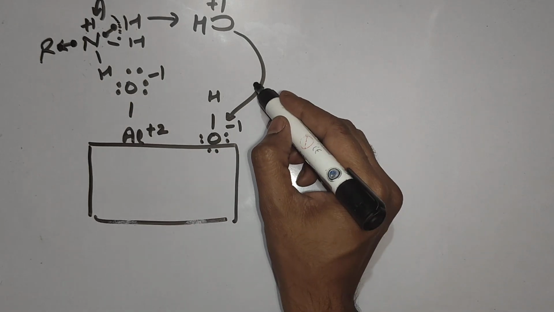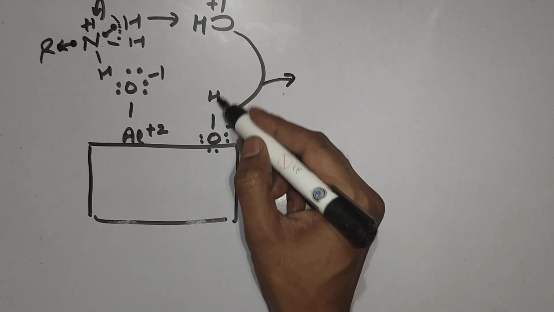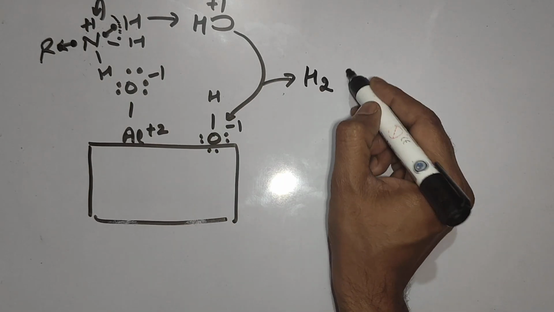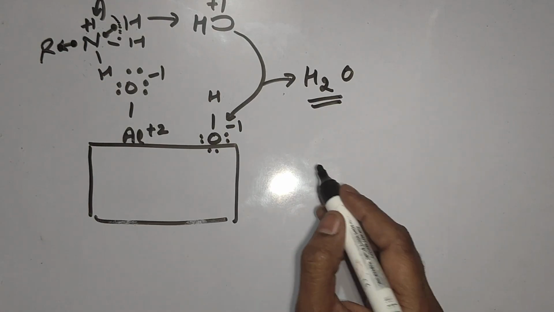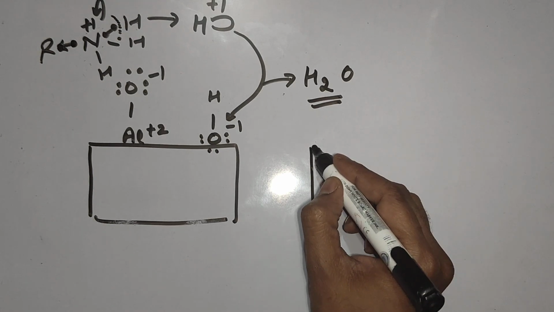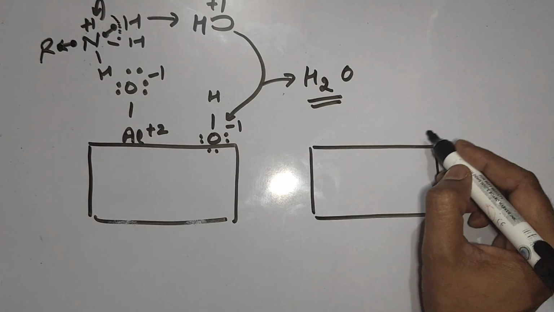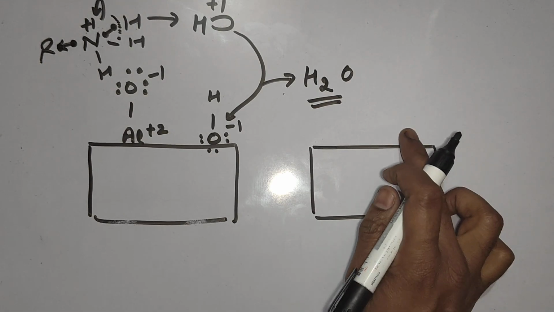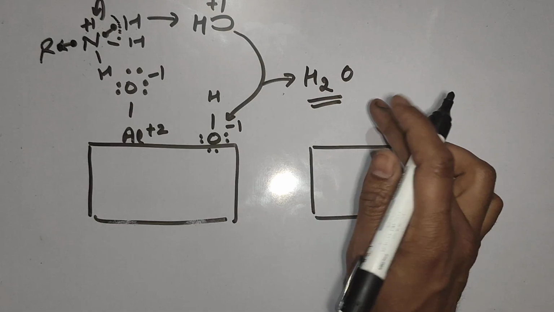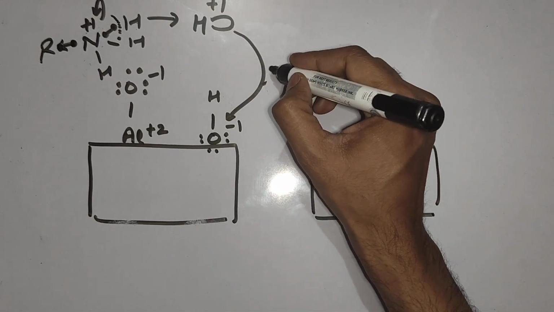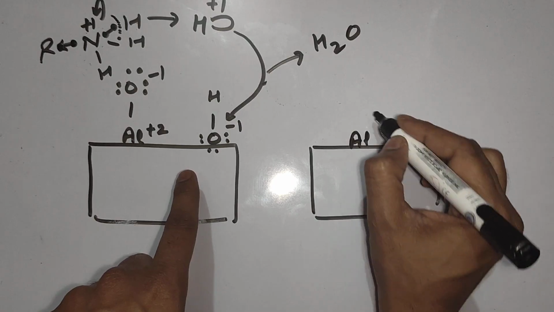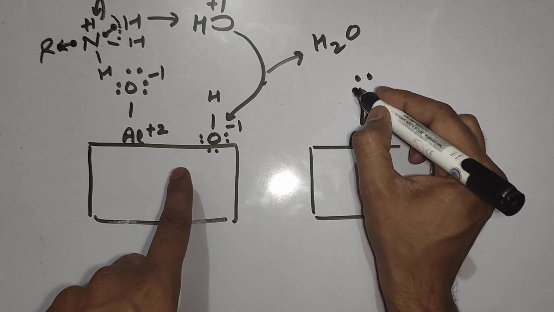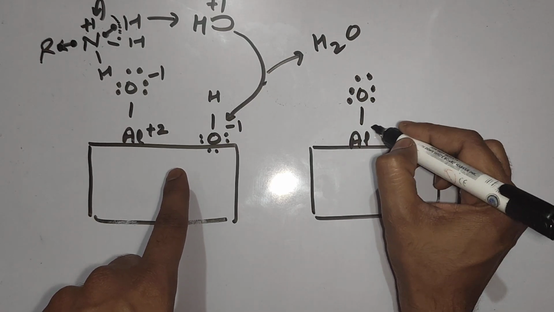Due to which, from this site, H2O will be released, a water molecule, and this site will become vacant. Here we will have a vacancy, and let's write this H2O here, Al and this oxygen as it is, plus 2.